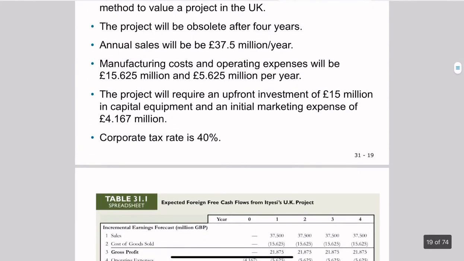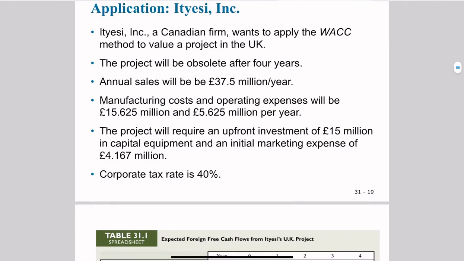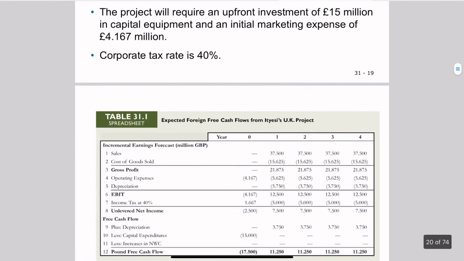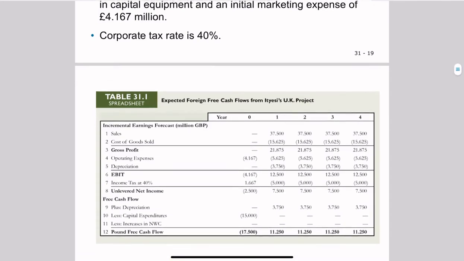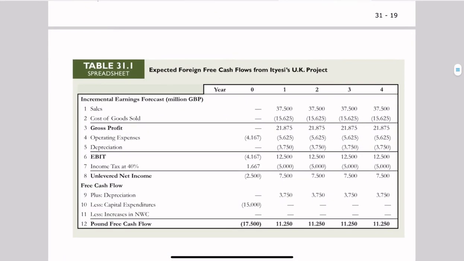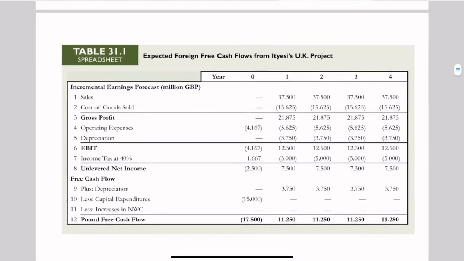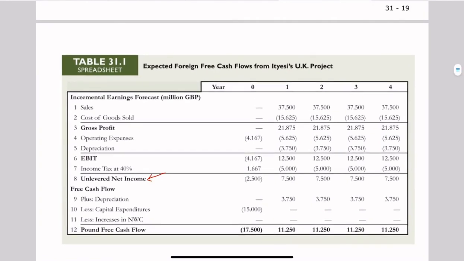As I said, we want to first find out the UK project's free cash flows, right? And to do this, we have to look at the income statement, and then we will do some adjustment to get the free cash flow. So first, the goal is we want to find out the unlevered net income because we learned how to calculate free cash flow, right?